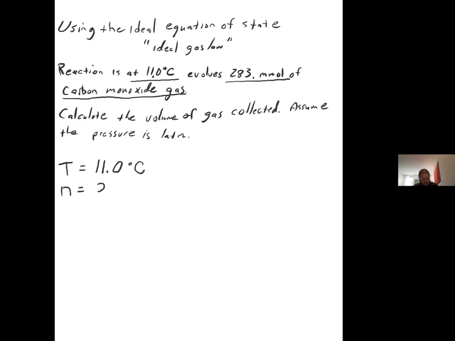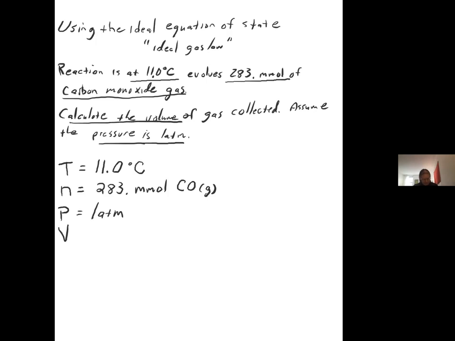So we'll call this 283 millimole. You can label that it's carbon monoxide if you want to. We don't need it, but that's fine. And then they tell us that we can assume the pressure is constant at 1 atm. And that's right here. And then they ask us to calculate the volume.